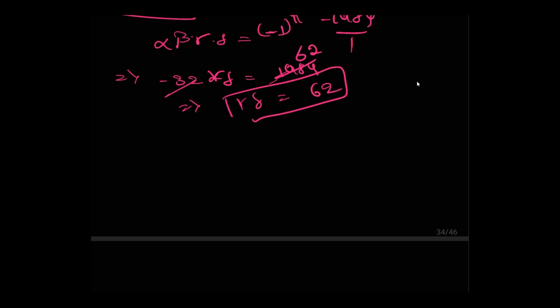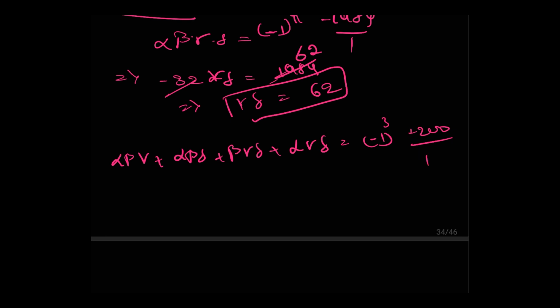Now, we also know that alpha beta gamma plus alpha beta delta plus beta gamma delta plus alpha gamma delta will be minus 1 whole power 3 into 200 by 1, that is minus 200. That means take alpha beta common from these two and gamma delta common from these two.